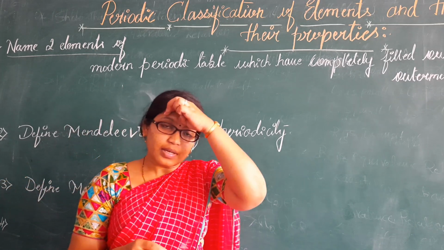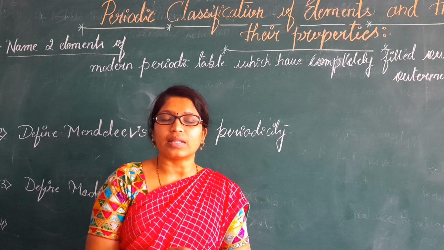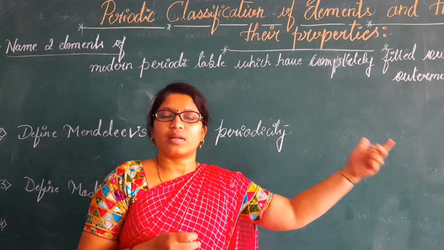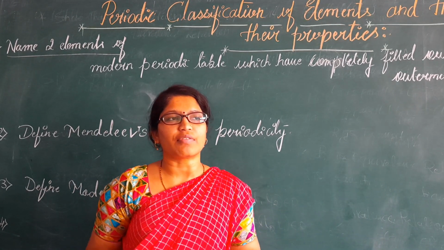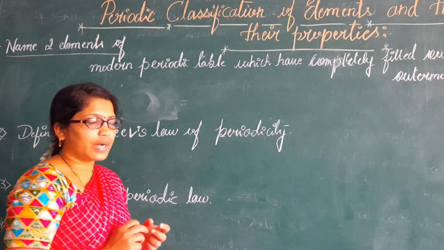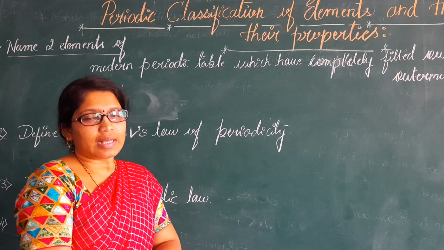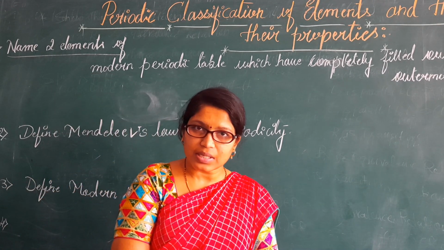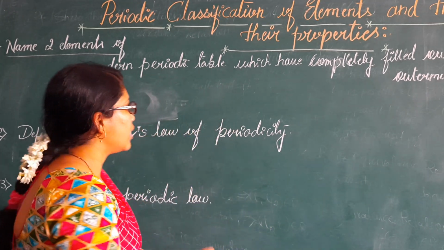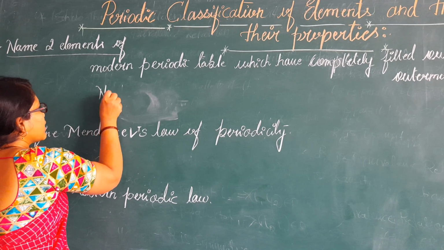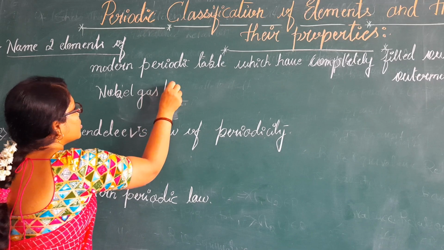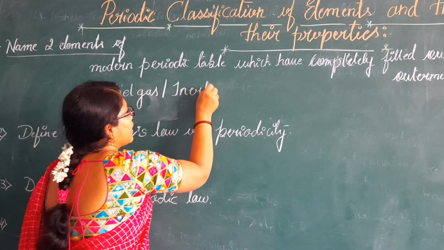As we have already seen in the periodic table, we can say that S block elements are representative elements and P block elements are also referred as representative elements. So when you consider particularly group 18 elements, as we have discussed, they are called as noble gases.